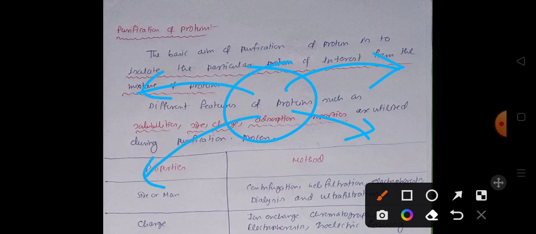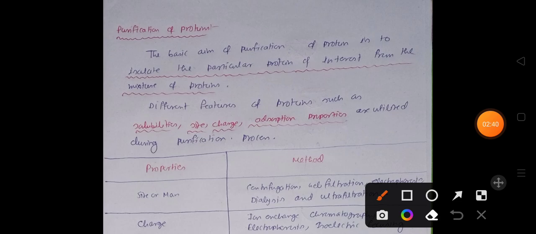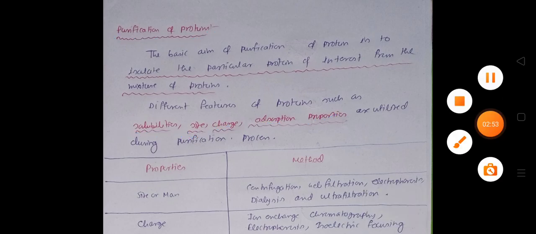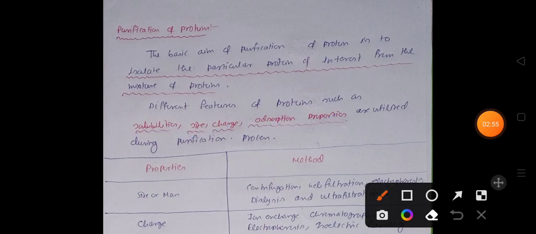Protein purification technique is like this, where we use various properties of a protein to find our protein of interest from a mixture of proteins. For separation of proteins by various properties, we have to perform various techniques.